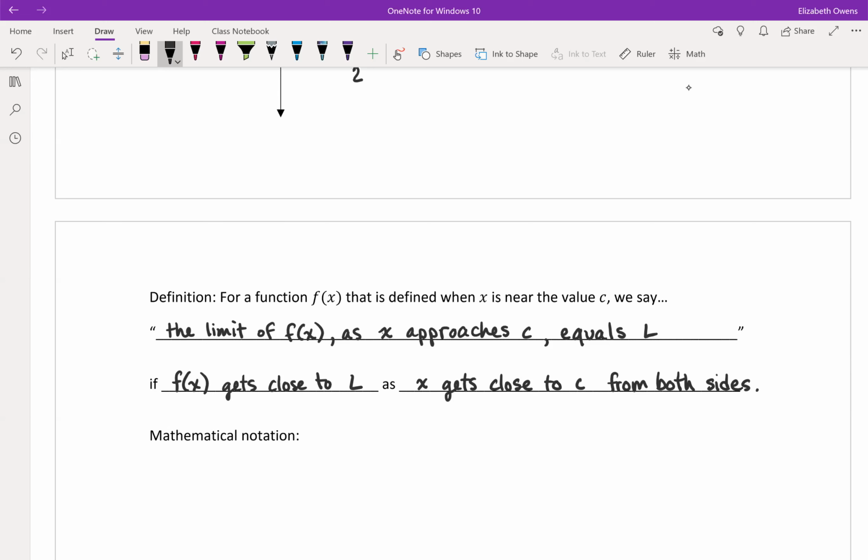Okay, so we say the limit of f of x as x approaches c equals L if f of x gets close to L as x gets close to c from both sides.